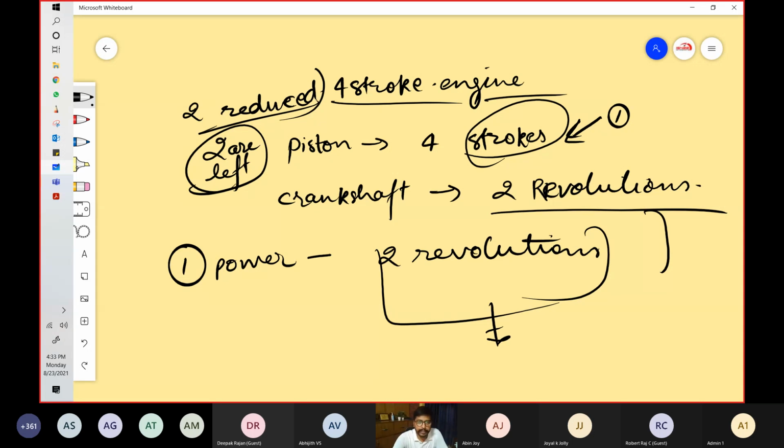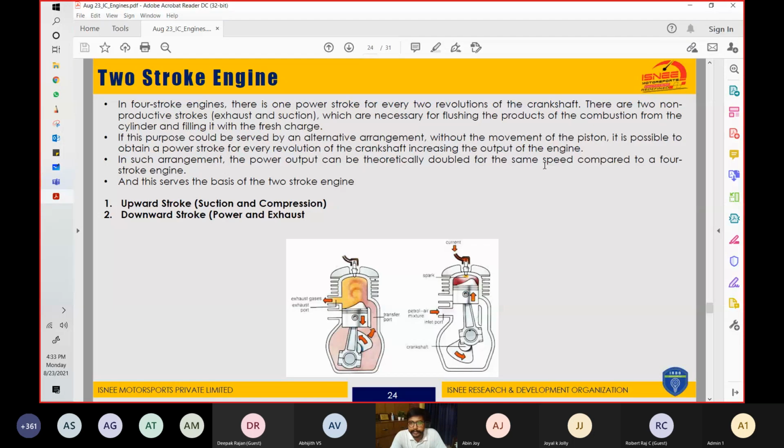In a 4-stroke engine, there is 1 power stroke for every 2 revolutions of the crankshaft. There are 2 non-productive strokes, the exhaust and suction, which are necessary for flushing the products of combustion from the cylinder and filling it with the fresh charge.